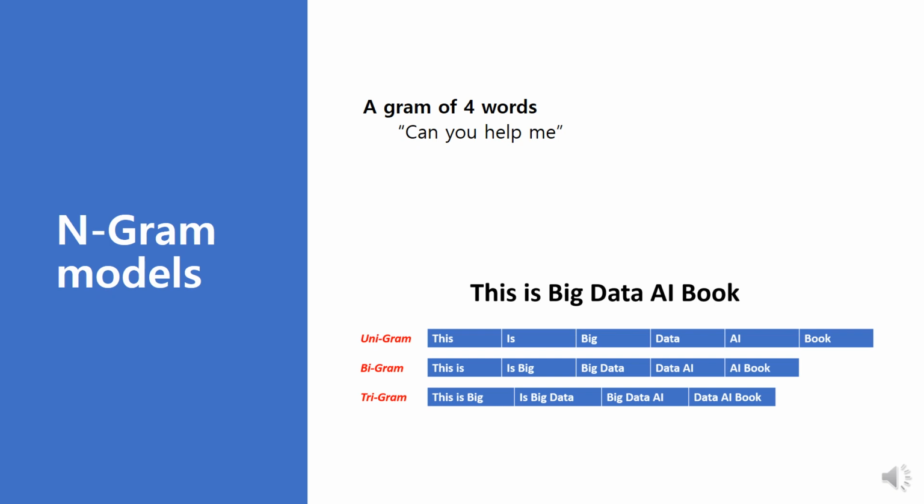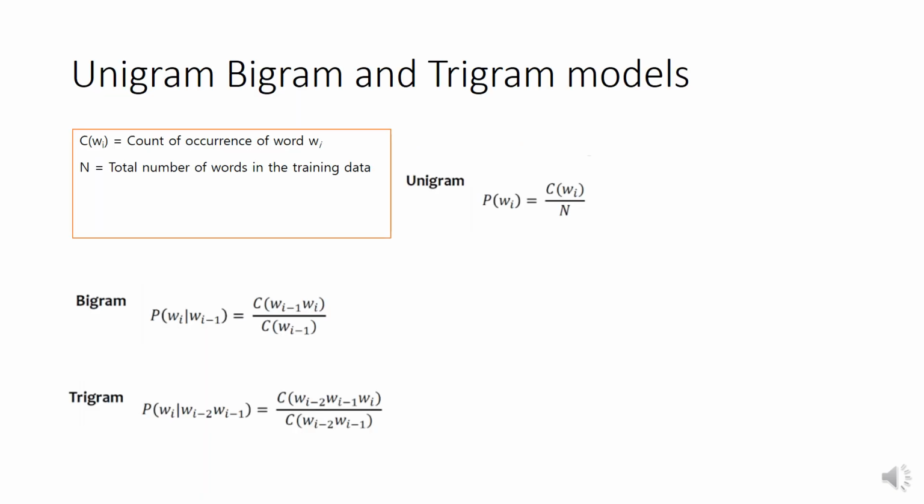A 4-gram of words may look like this: "Can you help me?" In this case, we assign a probability to a sequence of 4 words. Then we have a unigram model, similarly bigram and trigram models.